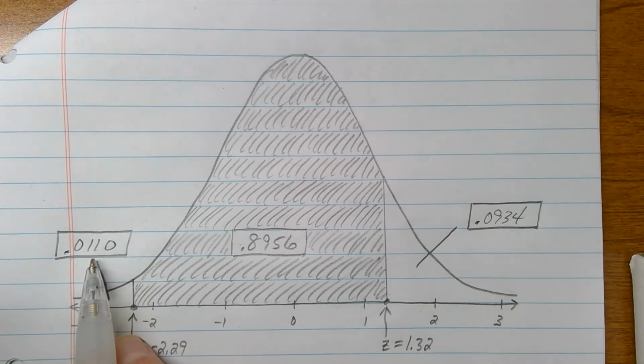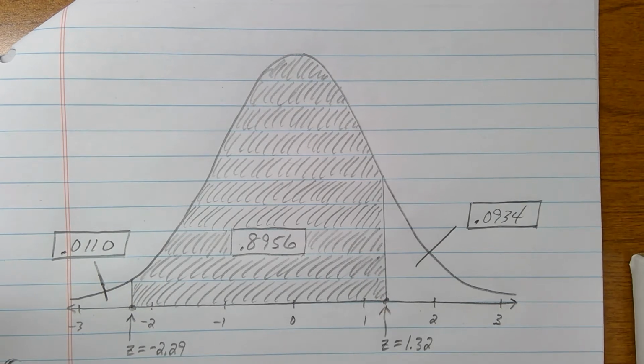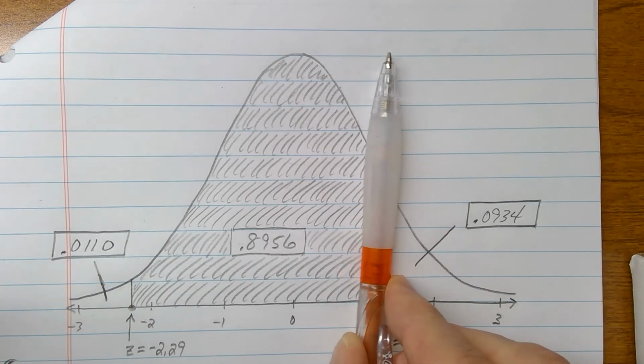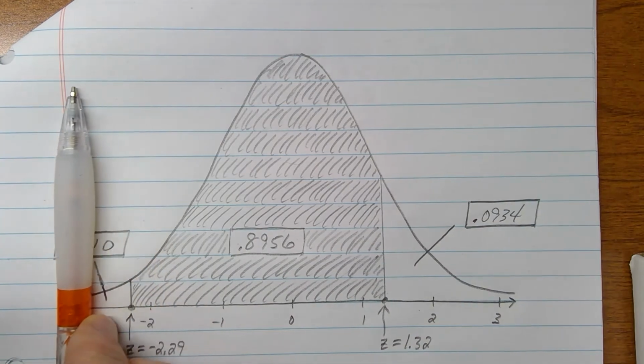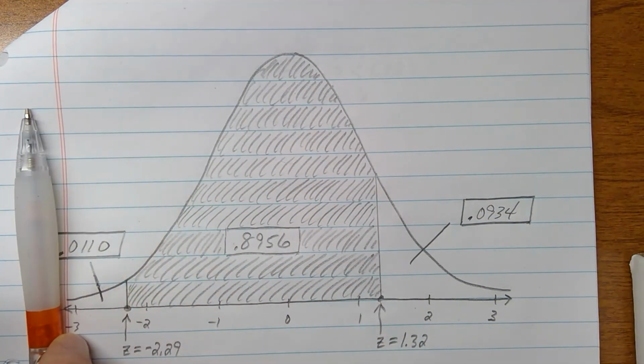Okay, what do we do now? Well, there's a couple ways to do it, but the way I do it is I look up the other number in the table. Now think about what that means. When I look up 1.32 in the table, it's going to tell me the area from here all the way to the left tail. All right, it's going to count everybody.